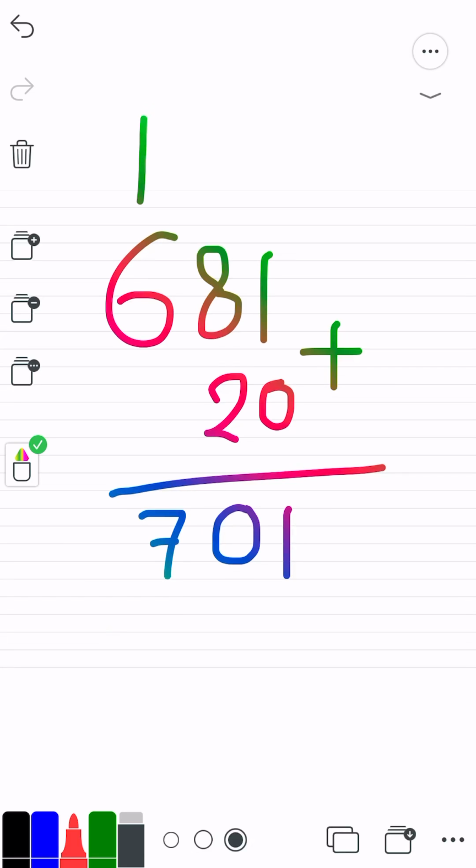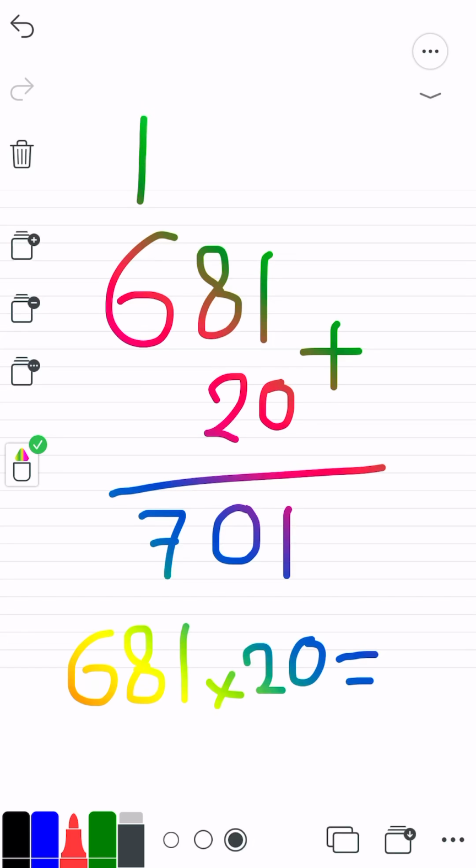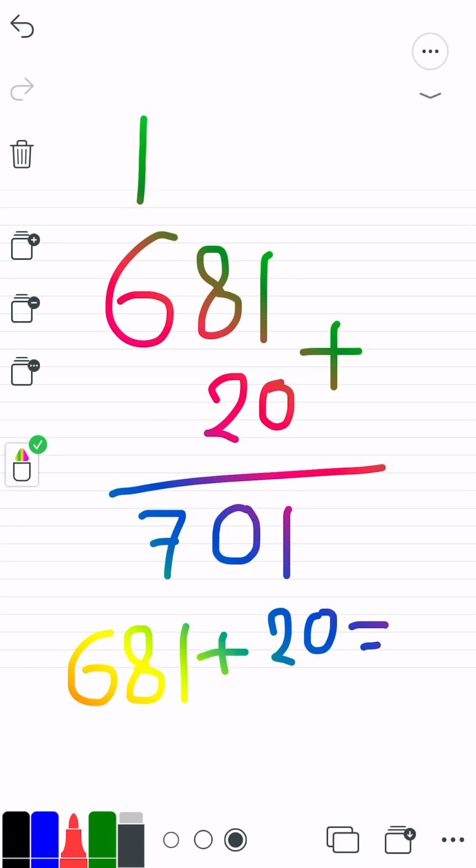Or we can do it when we count in tens 2 times. So 681 plus 20. Now count on in tens with me. After 681 plus 10, we have 691.